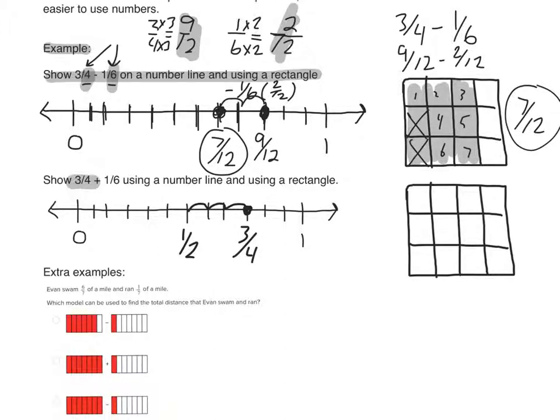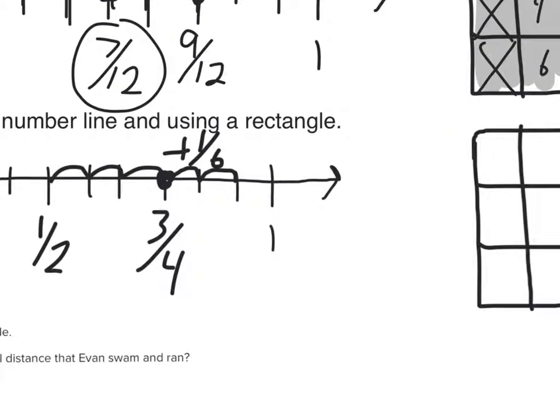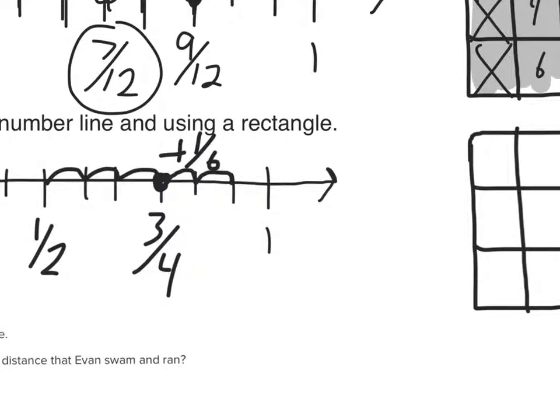I'm going to add 1/6, which is the same as 2/12. So I'm going to move 2 more to the right because adding makes a number bigger. And when I add those 2 spaces to the right, I'm adding 1/6, and that would make a final answer of how many twelfths?